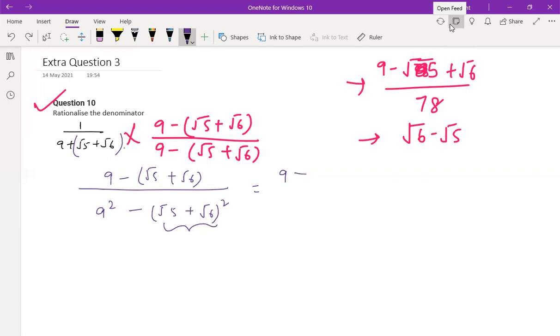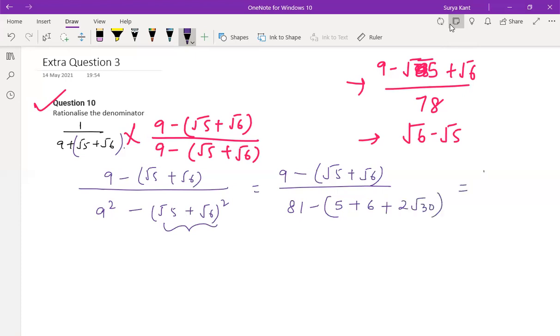So 9 minus root 5 plus root 6, divided by 81 minus 5 plus 6 plus what? 2 root 30, right? 2 root 30.